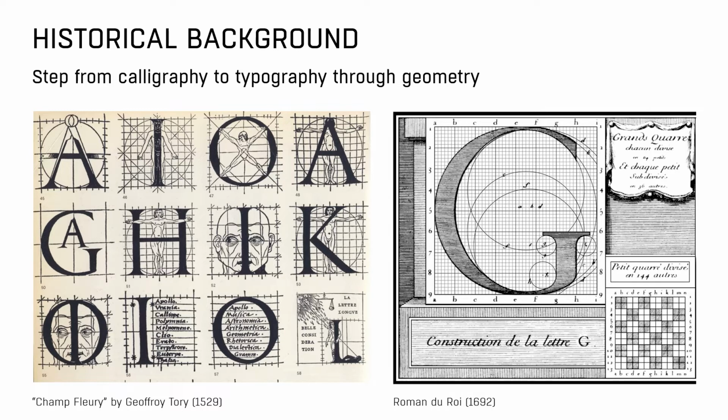The zenith of the rationalization of typography came with the Romain du Roi. The King of France, Louis XIV, commissioned a new typography based on mathematical principles. To achieve this, they created a meticulous square grid of 2,304 subdivisions.